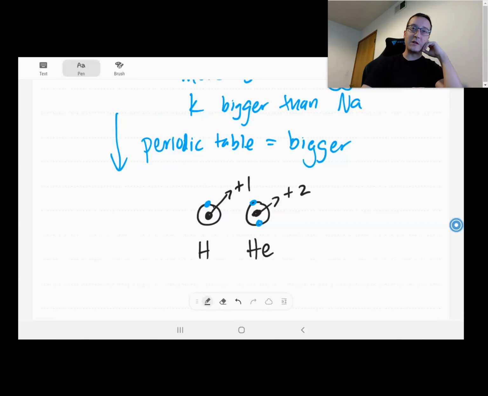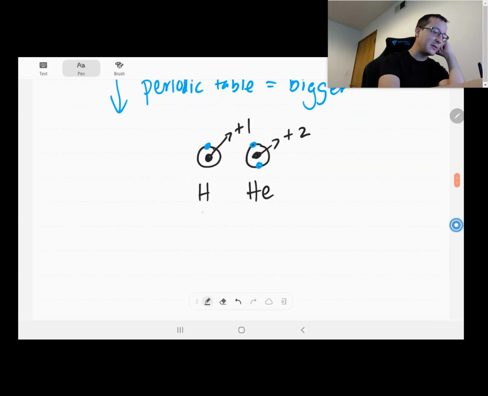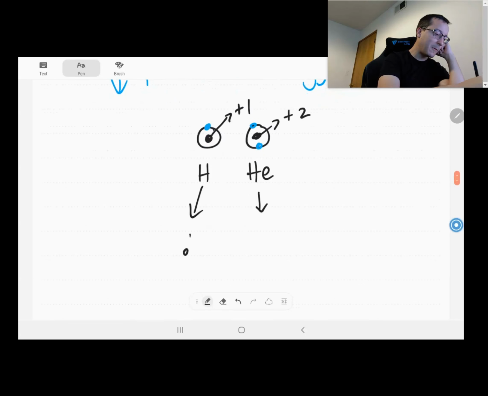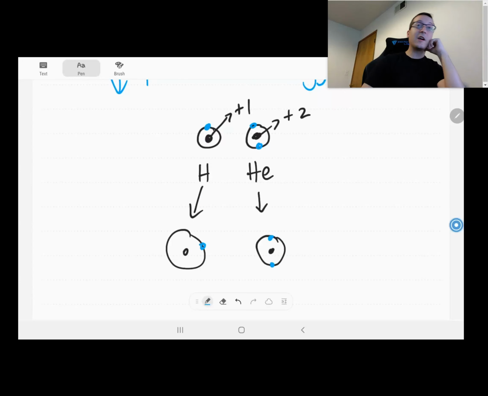And therefore, if they're more attracted to that, are they going to be closer or further away? Yeah, exactly. So if we just zoom in, this is totally fake, but these ones are going to be closer to the nucleus. I don't know if you can see that, but this one should be smaller. Okay, this one should be bigger.